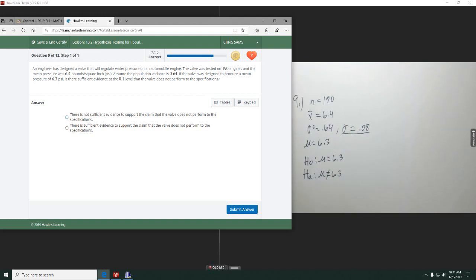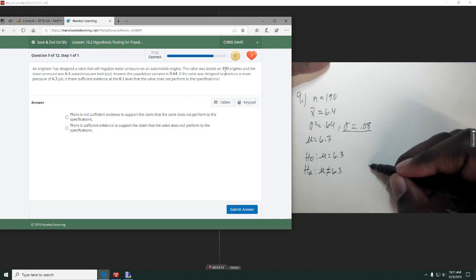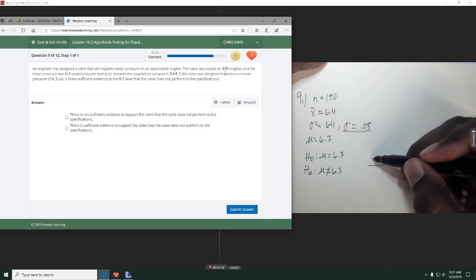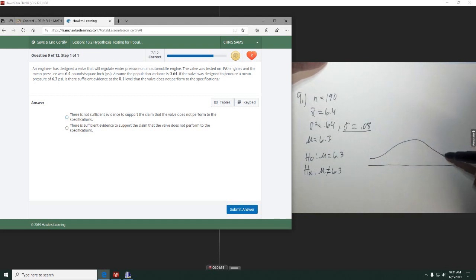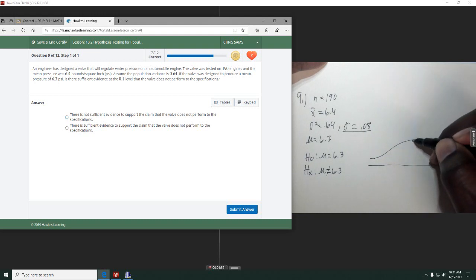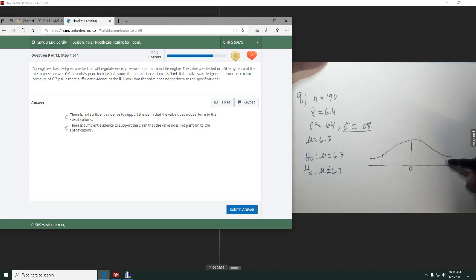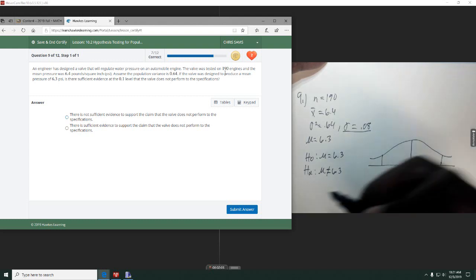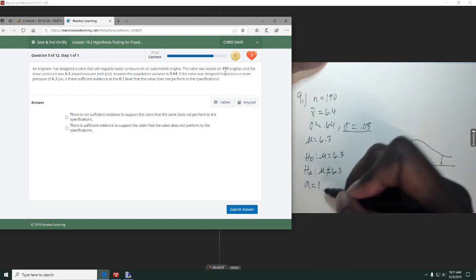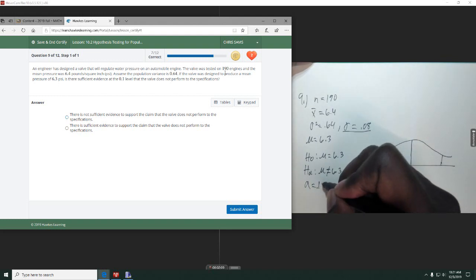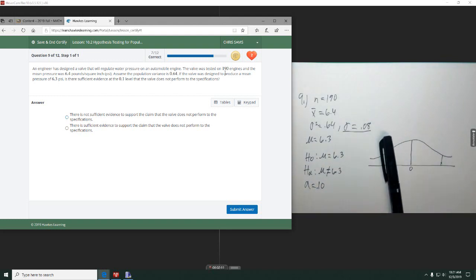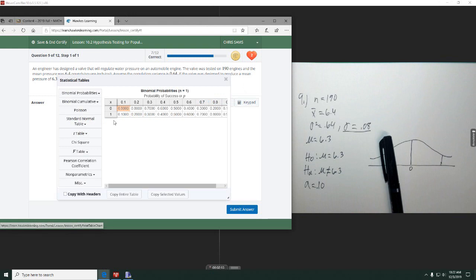We're going to have a two-sided test. So we're going to find that critical value. So that 10% alpha is equal to 10%, 0.1. And so from there, we'll go to the table, find the critical value.